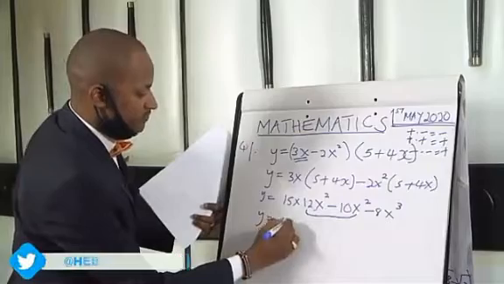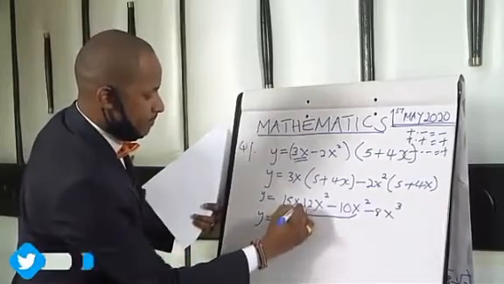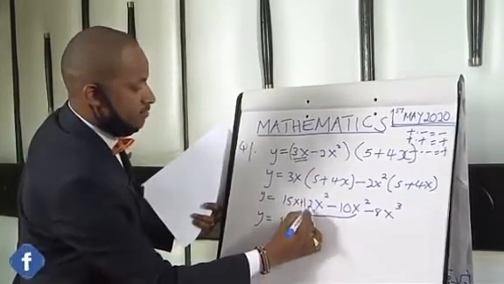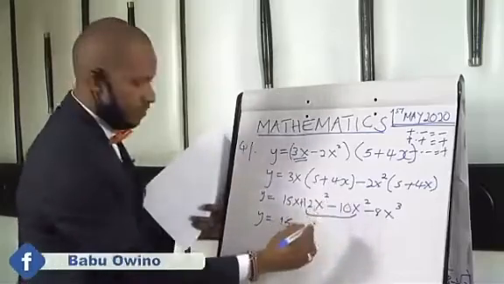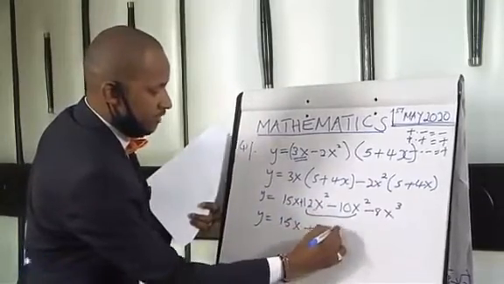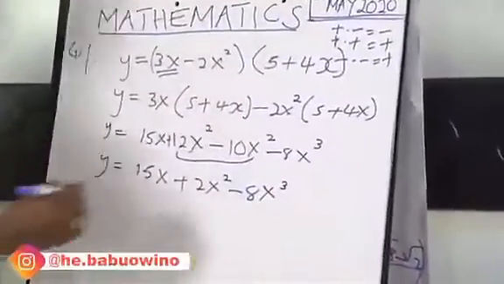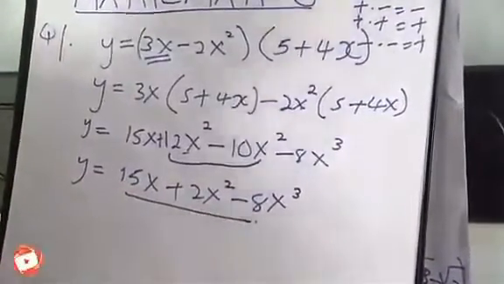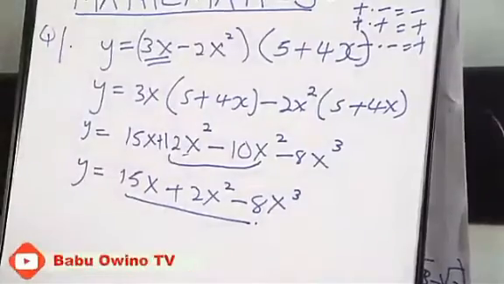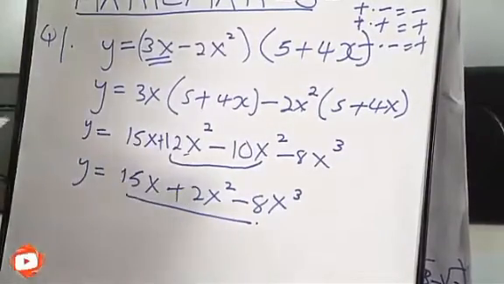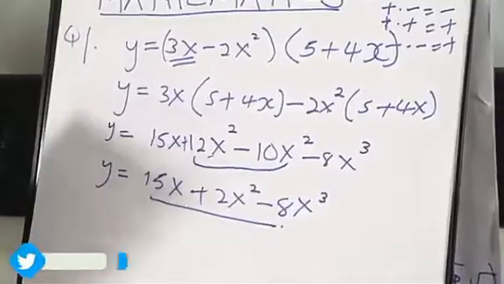So we have 15x plus 12x squared minus 10x squared, which is 2x squared, minus 8x cubed. So this is our simplified value for y.